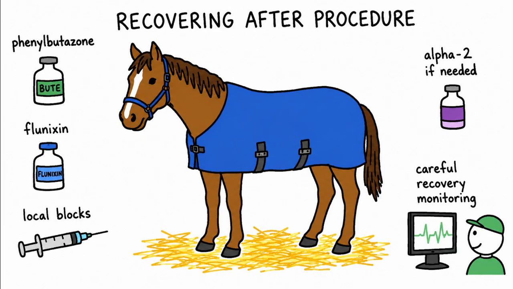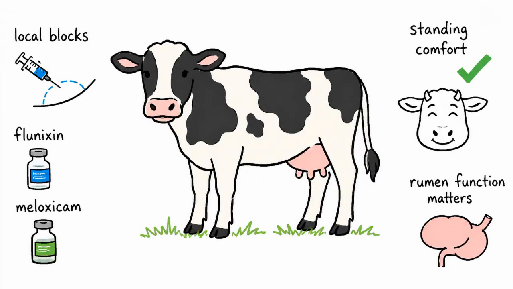Horses often recover with NSAIDs such as phenylbutazone or flunixin when appropriate, plus local blocks, alpha-2 sedation if needed, and careful recovery monitoring. Ruminants often rely heavily on local blocks and NSAIDs such as flunixin or meloxicam where appropriate, because standing comfort and rumen function matter a lot.